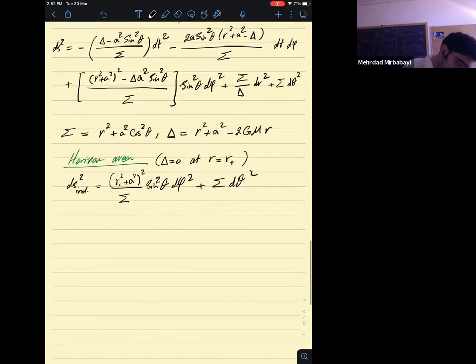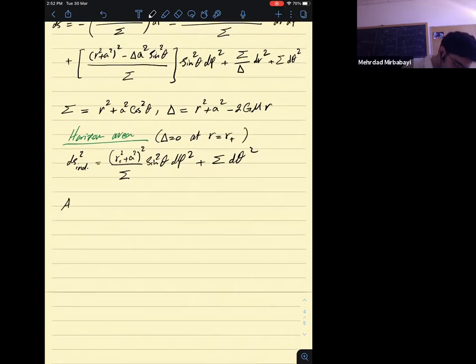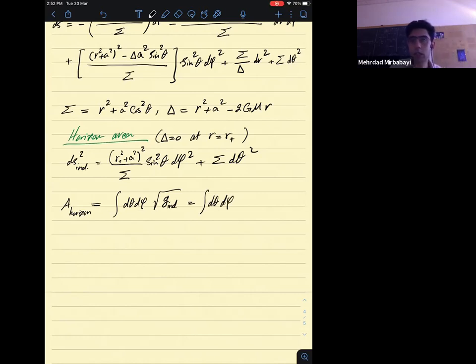Now we can calculate the horizon area, A horizon. Again, later I will drop this subscript horizon. So that will be just the integral of d theta d phi times the square root of the determinant of the induced metric, over the range of theta and phi, which is the usual thing.